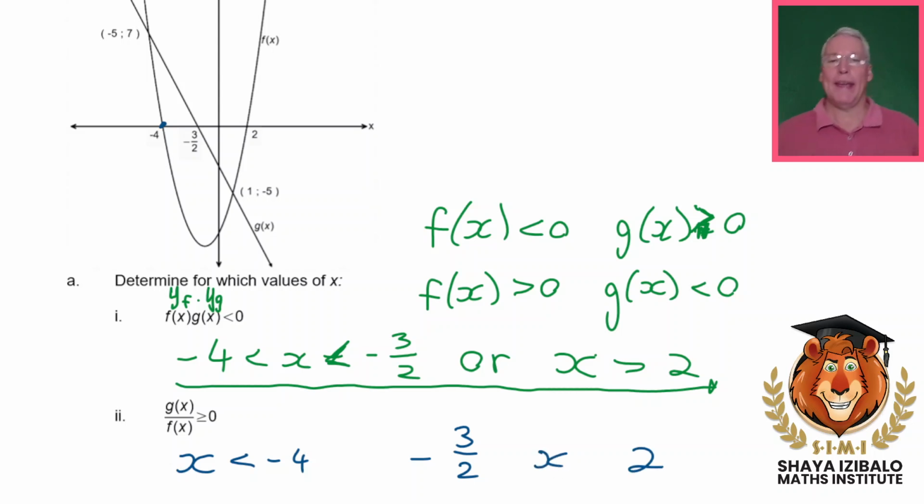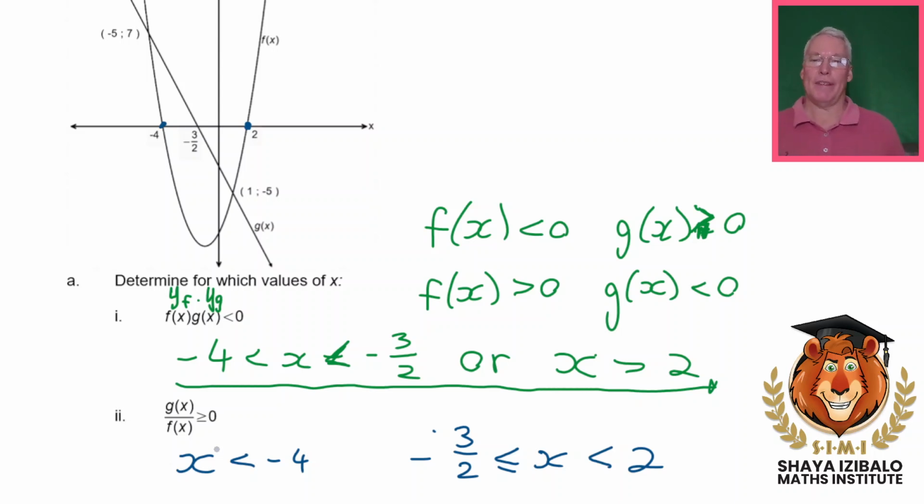Okay, we cannot include 2, right? Because 2 would give us a 0 on the denominator of the function f. But we can include the -3 over 2, because that would give us a 0 on the top, and 0 divided by something is 0.